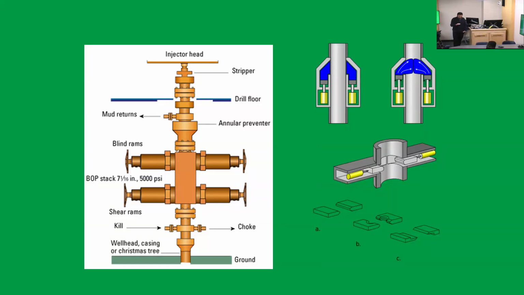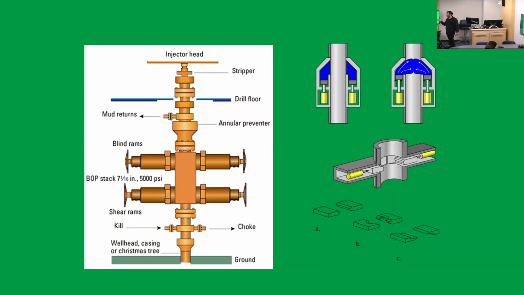It's two lines: one is for injecting, the other one is for producing, and it directs to the choke. The choke is an important part. The choke is basically the mud exiting the well at a slow rate, and you can control the diameter it exits through.